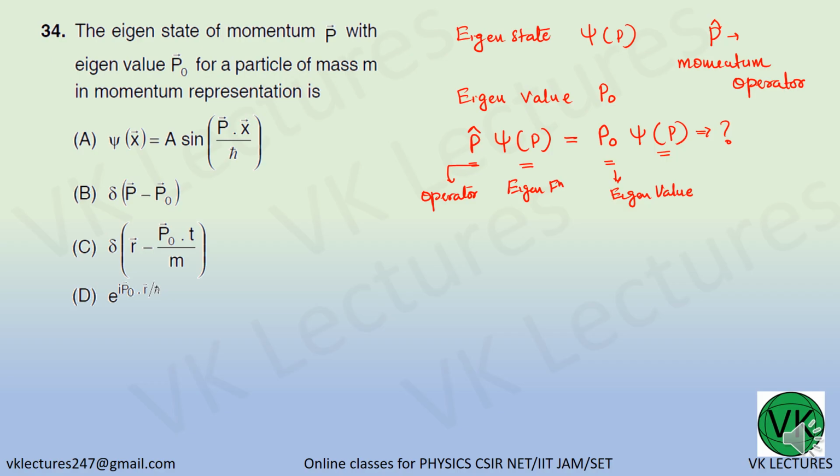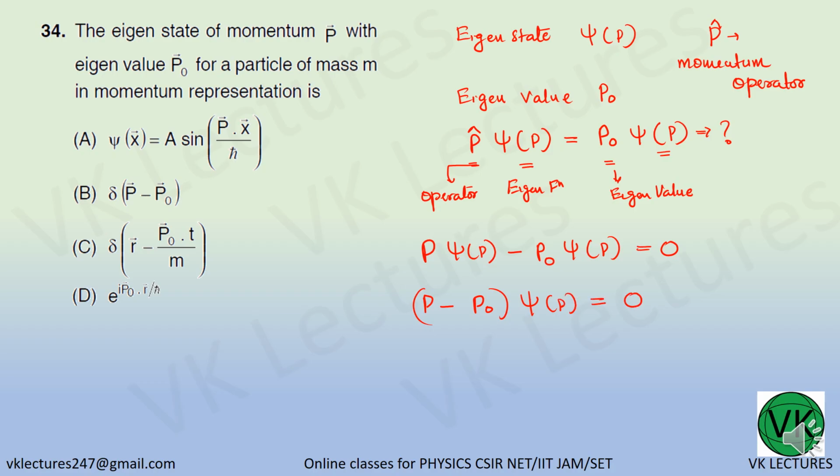Now from here we can write p acting on psi of p minus p naught times psi of p equal to 0. So p minus p naught times psi of p equal to 0.